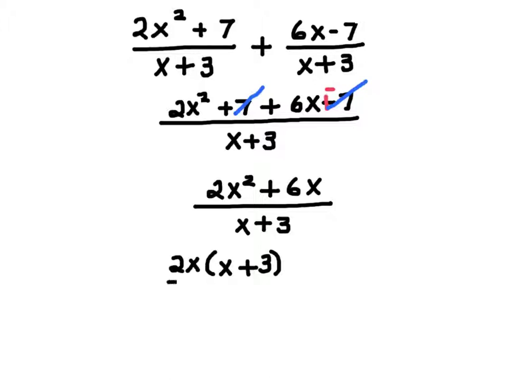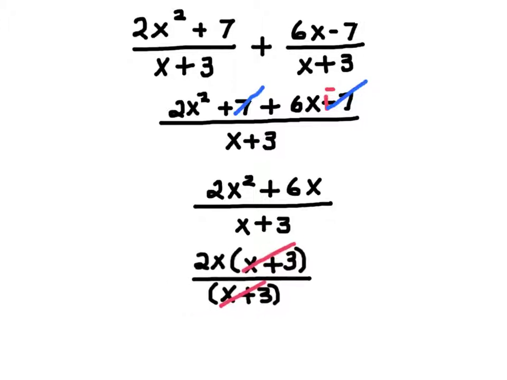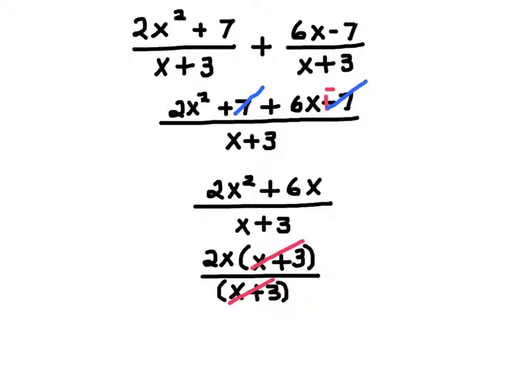So now let's write our denominator. Our denominator is x plus 3. And here we can see that the x plus 3's, they're binomials, and they can cancel out. Move this over. So our final answer, what's left, is 2x over 1, or simply 2x.